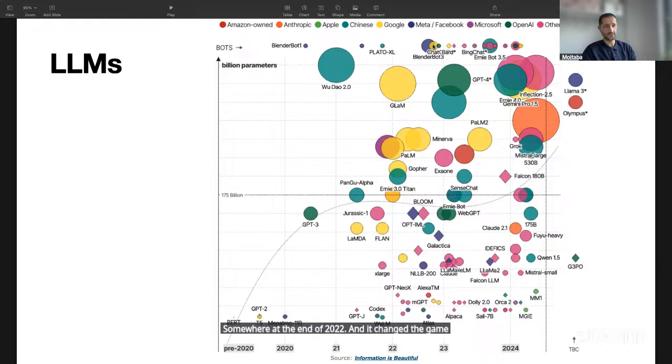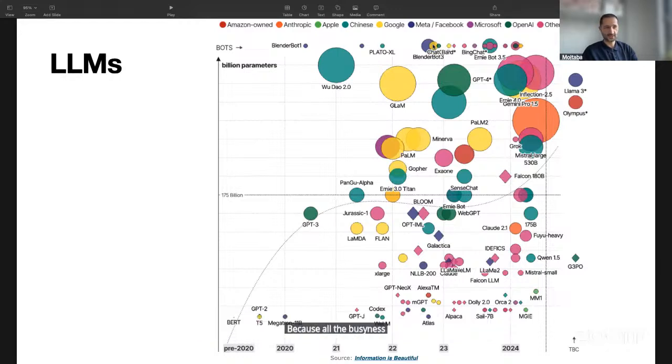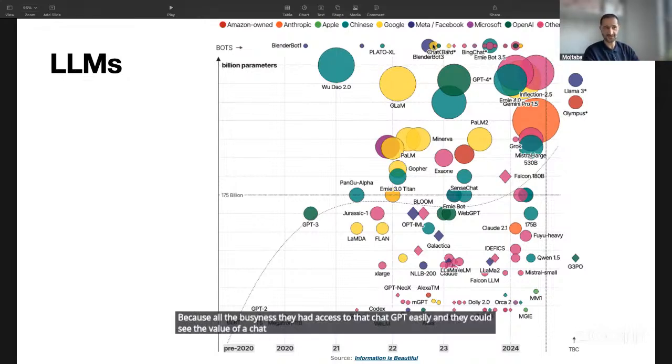So I believe you guys are in a good position, a lucky situation, because ChatGPT not only changed the market of large language models, it also brought the perspective that AI brings value. All the businesses had easy access to ChatGPT, and they could see the value of it, and the value of AI.